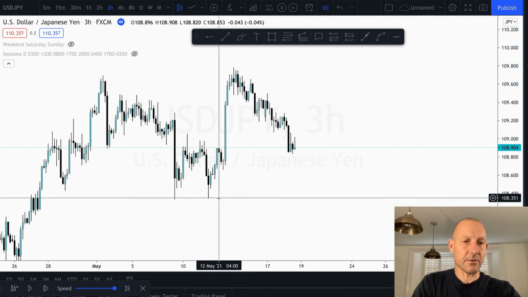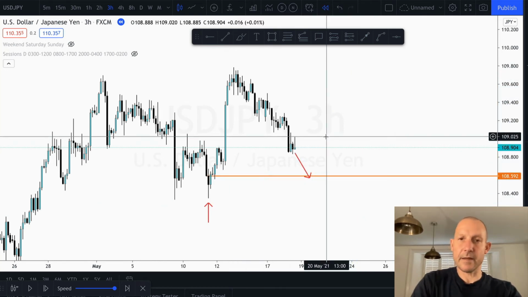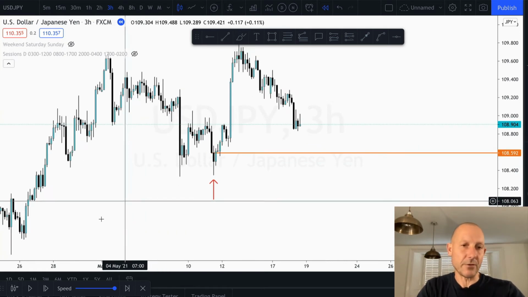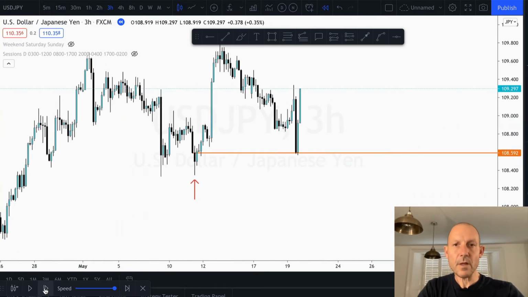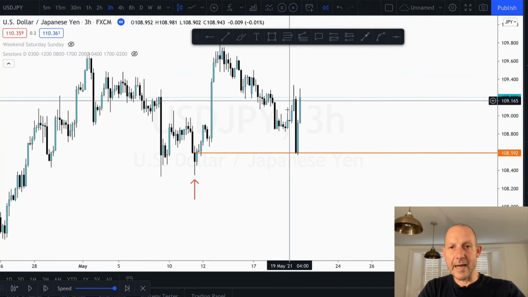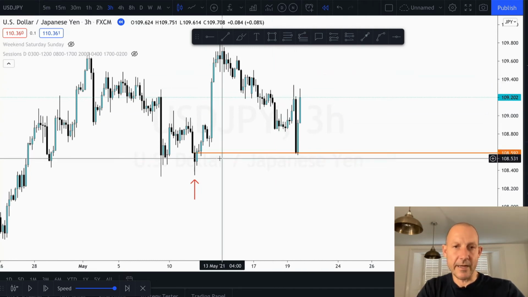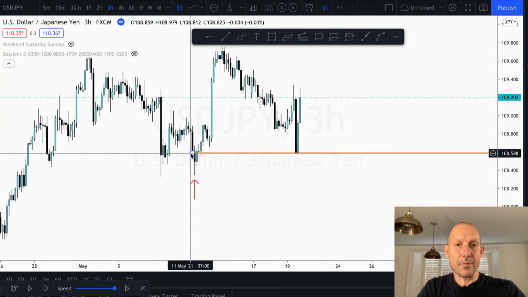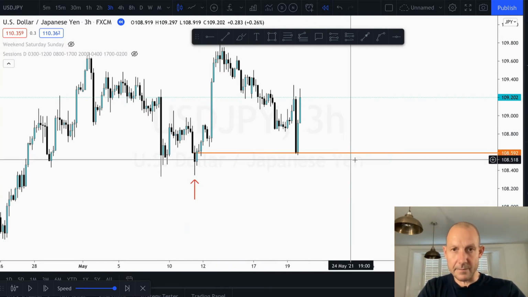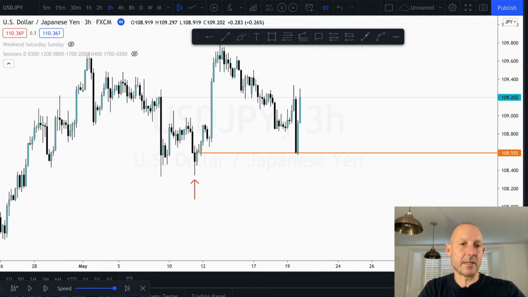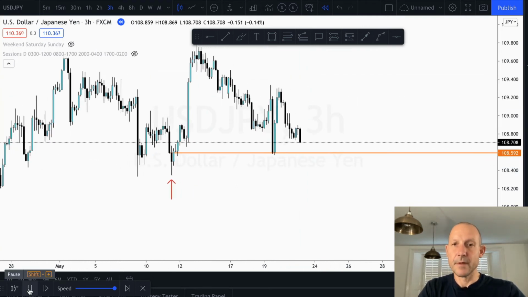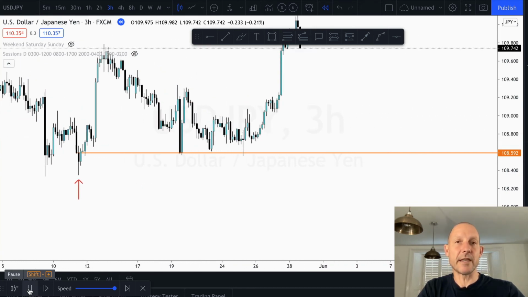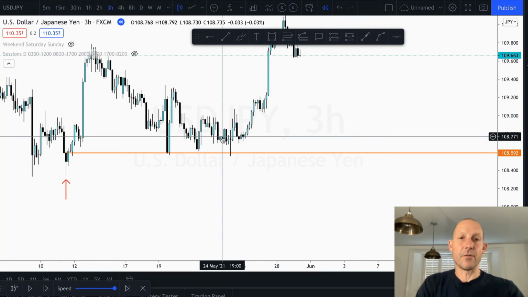So let's take that line and that line off, and I'm just going to play this out for you so you can see. Price now has come along. It's just touched this line here, the open price of this order block. And then price is starting to move away. I'm just going to play this out. It does come back and touch it a couple more times, and then you can see price actually takes off from there.